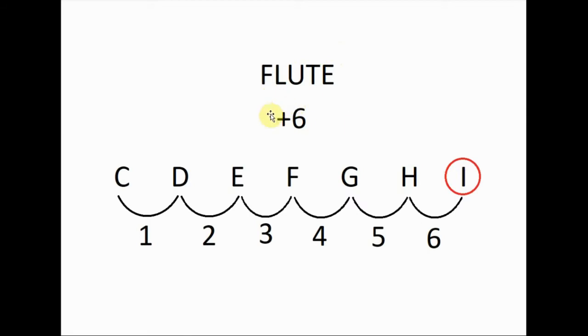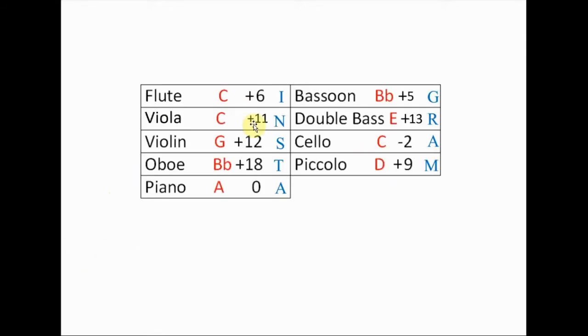For the flute, it's positive 6, so it starts from C and it moves down the alphabetical order by 6 steps. So C, D, E, F, G, H, and I. So you get H.